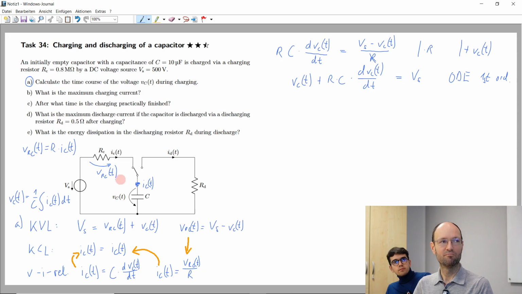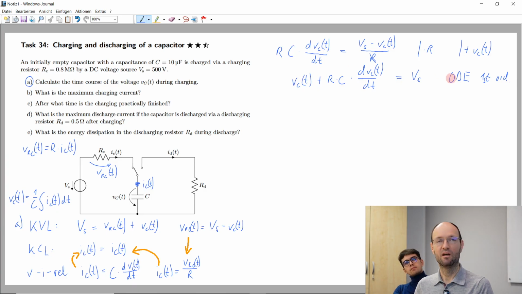We would need, for example, an additional inductor in our circuit, or we would need a second capacitor, not directly connected in series, not directly connected in parallel, but we would need two elements that can be charged and discharged.